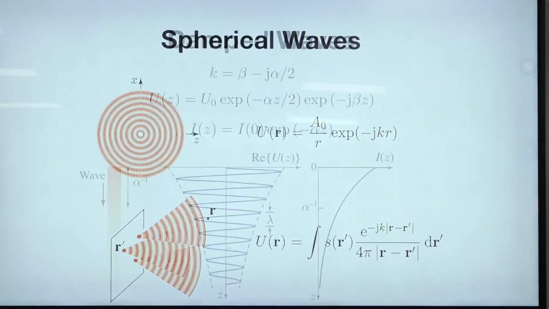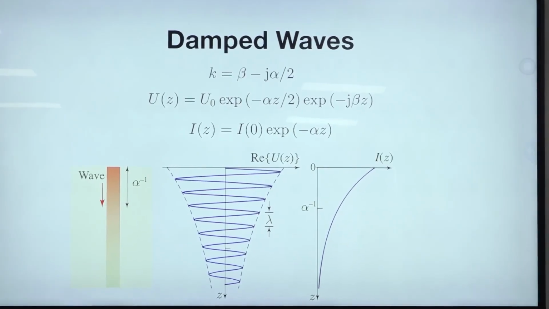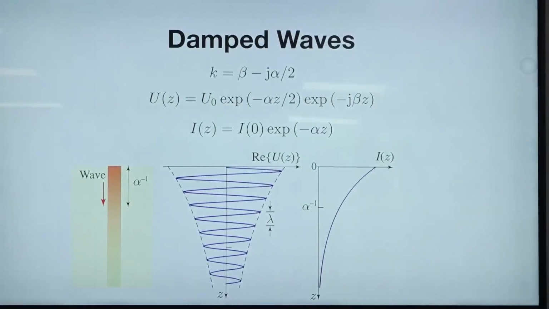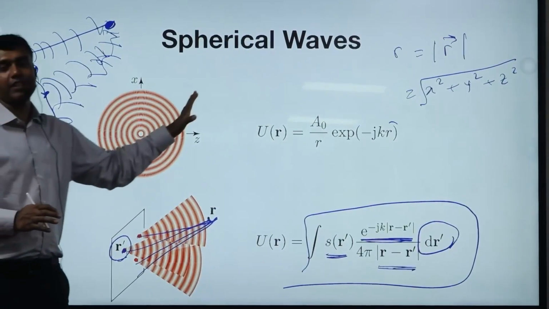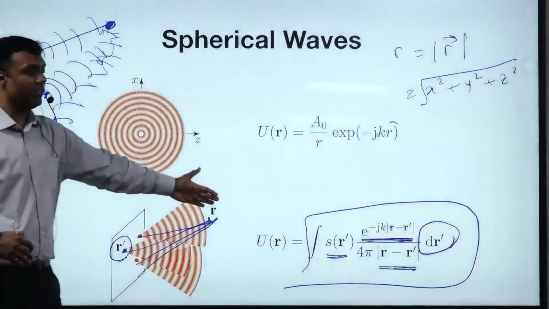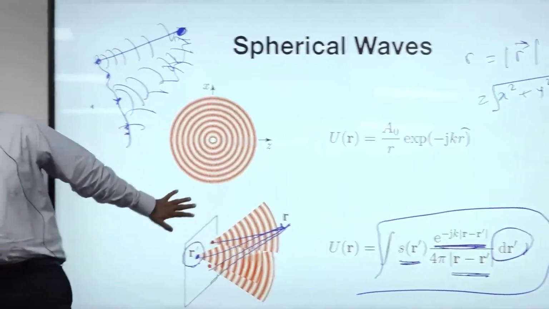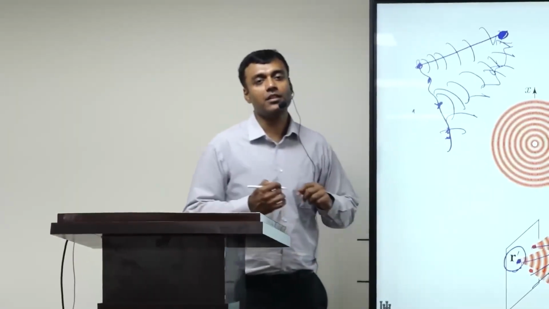The next thing I wanted to talk about is, what if light is not just propagating in air, but going through a medium, and a medium which is absorbing? In the previous example, we assumed it's going through air, or free space, with nothing, vacuum, in between. Then you can use this equation to make the prediction.